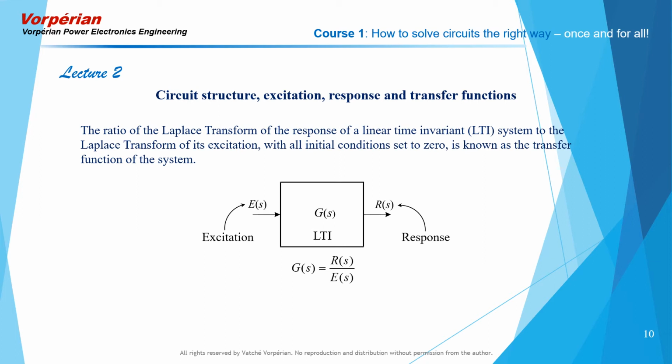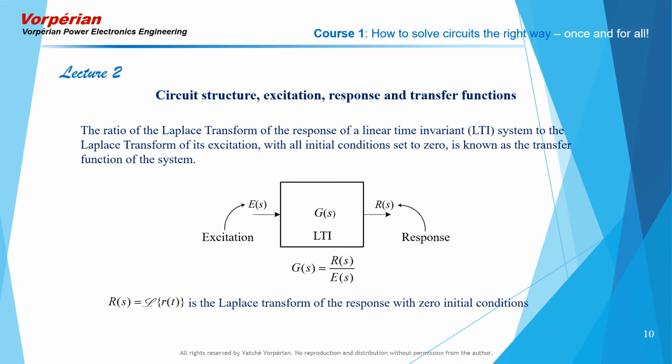So the block really represents a linear time invariant system here, in which we can have many different transfer functions depending where we excite that time invariant system and where we look at its response. Essentially then, the transfer function is the ratio of the response to the excitation in the frequency domain.